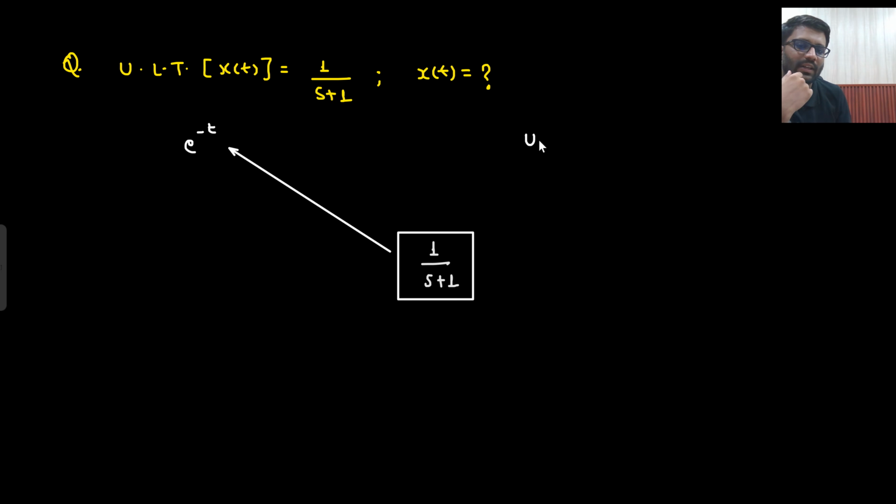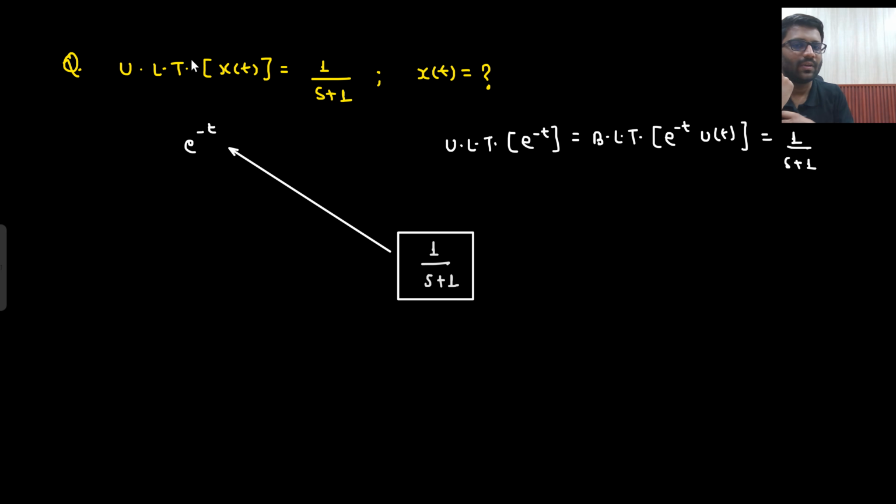Yes, because the unilateral Laplace transform of e to the power minus t equals the bilateral Laplace transform of e to the power minus t u(t), and that equals 1 upon s plus 1. Whenever they define the unilateral Laplace transform, they will not tell about the ROC actually.